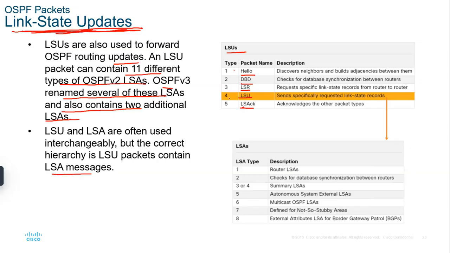But within these link state updates, we have several packets. Within this update, we have link state advertisement types here, 1, 2, 3, up to 8. So there's the router link state advertisement, then 2, it checks for database synchronization.